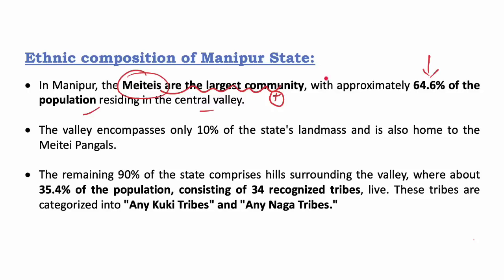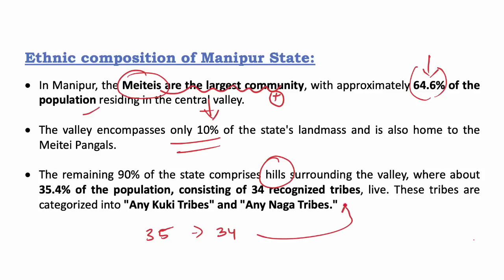But though having 64% of the population and residing in the Central Valley, they only have 10% of the state landmass. And 90% of the state comprises the hills, where about 35% of the rest of the population stays. And this 35% of the population consists of 34 recognized tribes, which are known as any Kuki tribe or any Naga tribe.